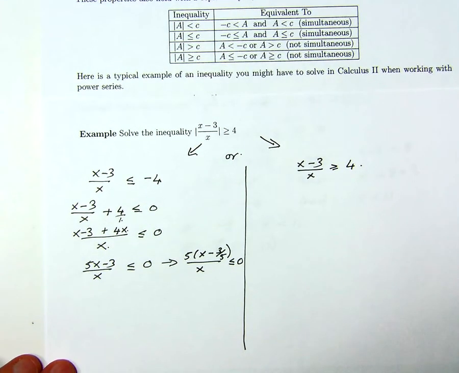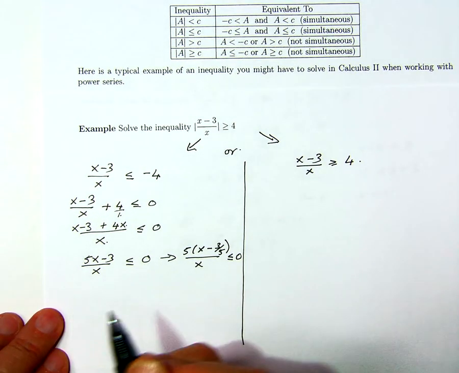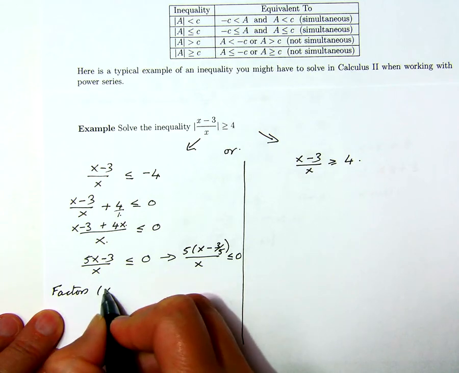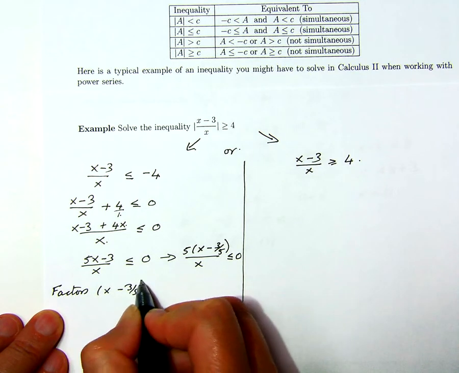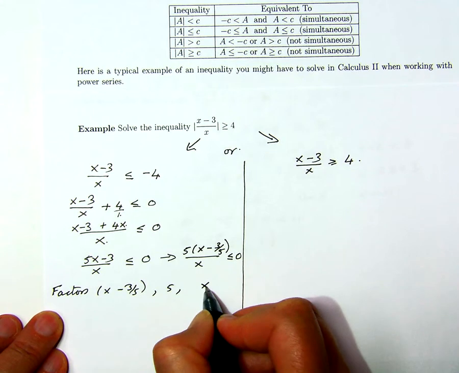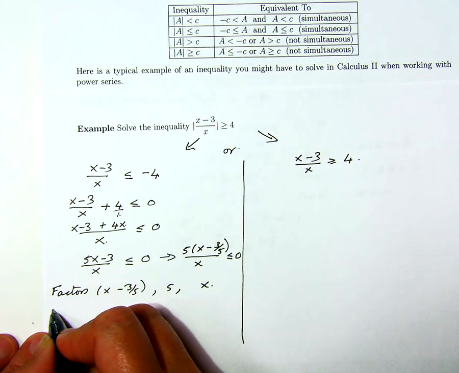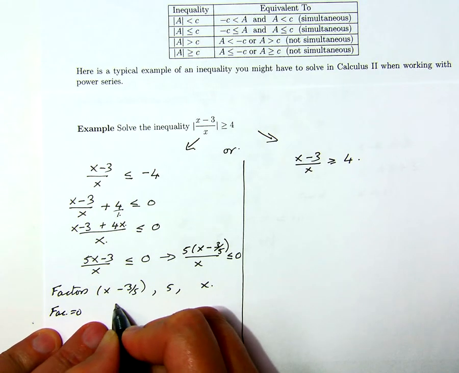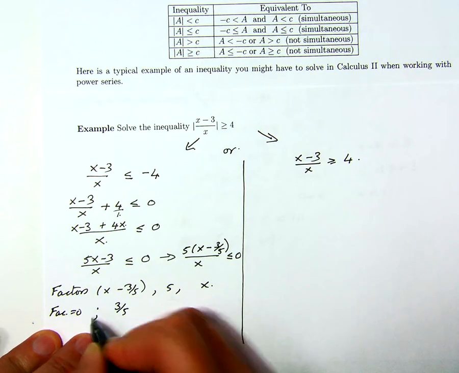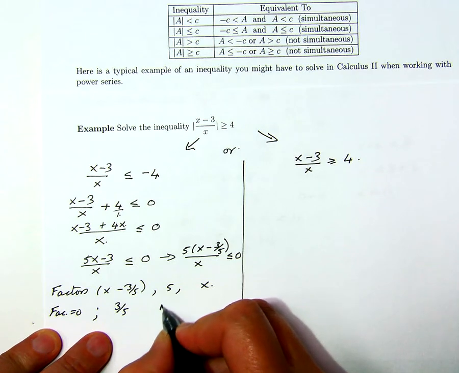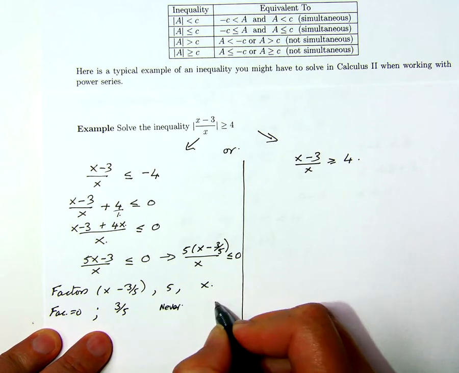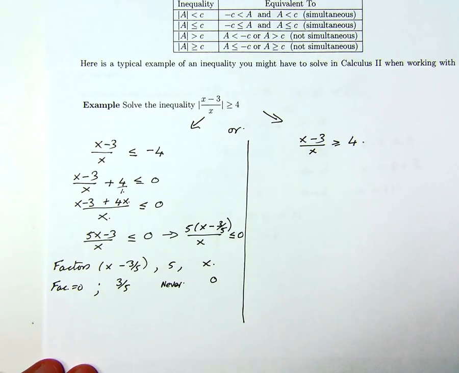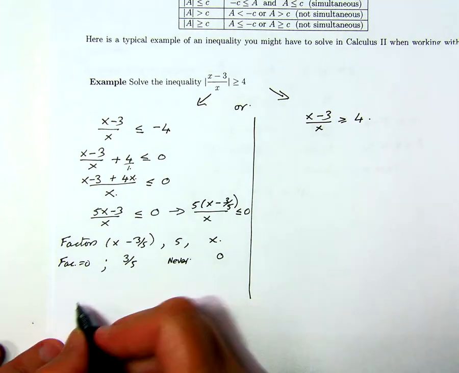I take each factor and I figure out where it's equal to 0. So my factors are x minus 3 over 5, 5, and x. x minus 3 over 5 equals 0 at 3 over 5. 5 never equals 0, and x equals 0 when x equals 0. Then I find the intervals.